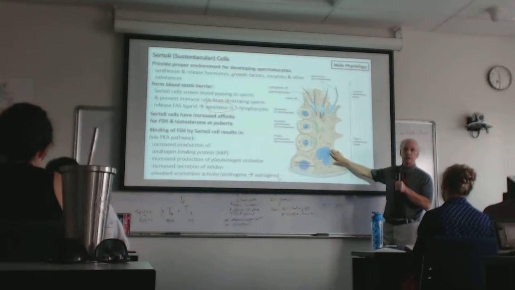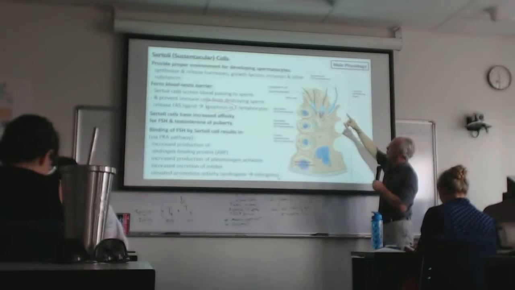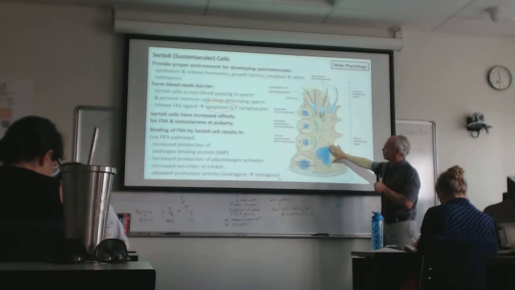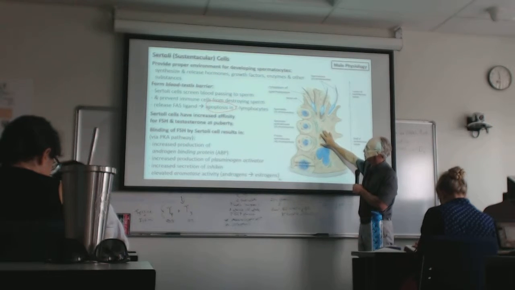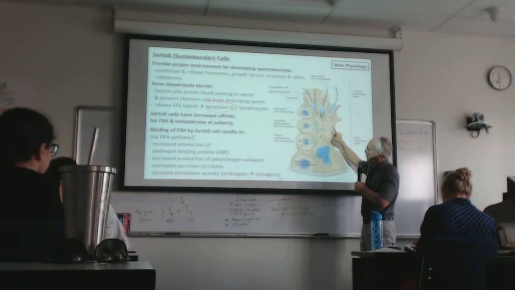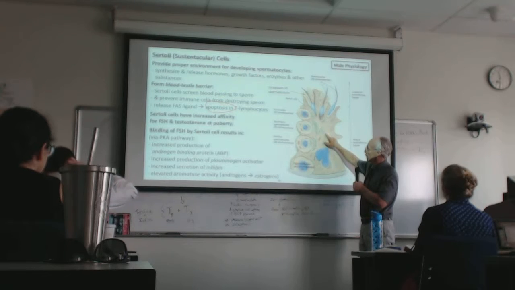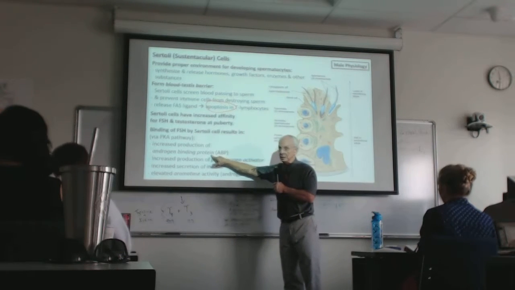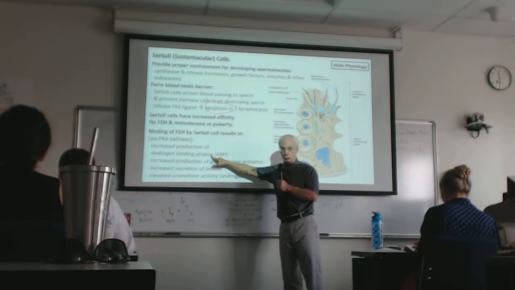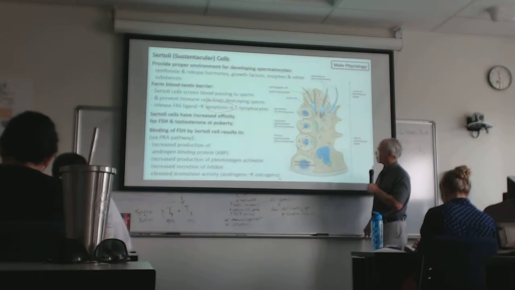Now, what they're doing there is not necessarily the same thing as they're doing out in the lumen, but I do want you to understand the general premise here, to understand our principal argument. Spermatocytes require testosterone. They lack receptors for testosterone. When FSH binds FSH receptors on the Sertoli cell, it releases ABP, which increases the concentration of testosterone in the proximity of the spermatocytes.